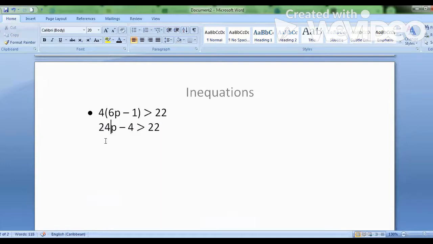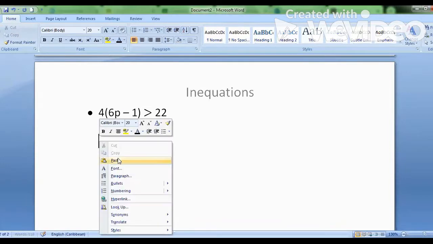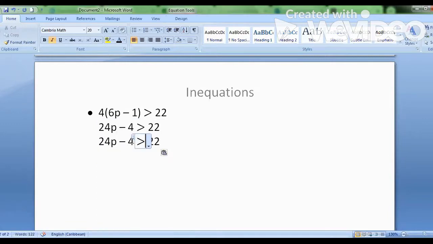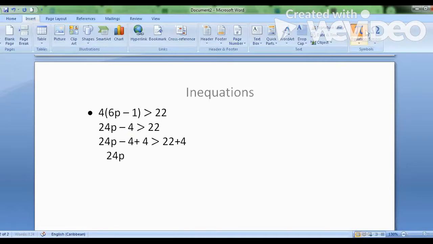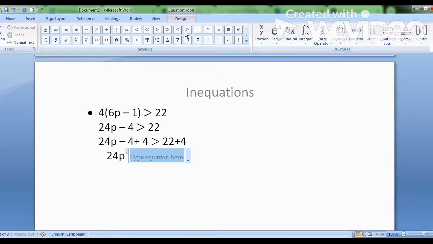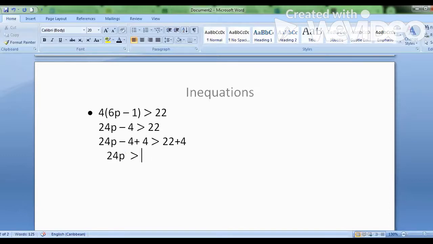What would I do first? Add 4 to both sides. Right. You'll add 4 on the left. If you add 4 on the left, you have to add it on the what? The right. So that will be 24p greater than 26.